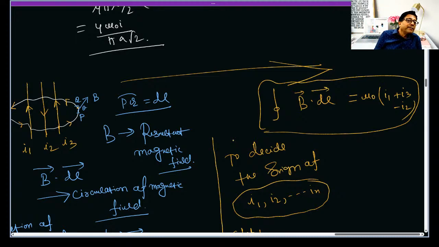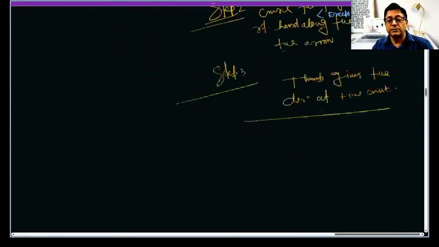Okay? When there are many currents, and we want to find the magnetic field at a point due to those currents, that can be done with the help of Ampere's circuital law. Let us go for one application of it. One application only; the other, I give you as homework.